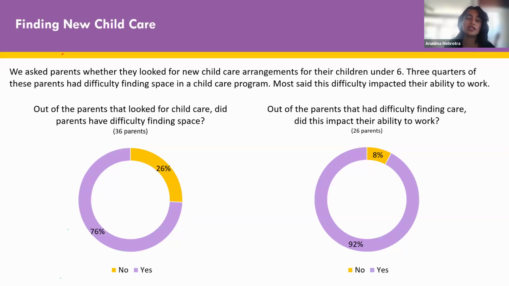We asked them an open-ended question as well on what were their top challenges to accessing childcare and finding space in programs. And parents shared something similar to what we saw, that they really want childcare that supports their work schedules, and that care during non-traditional hours as well as care that is affordable were hard to find for them. So those were their biggest challenges. Next slide, please.